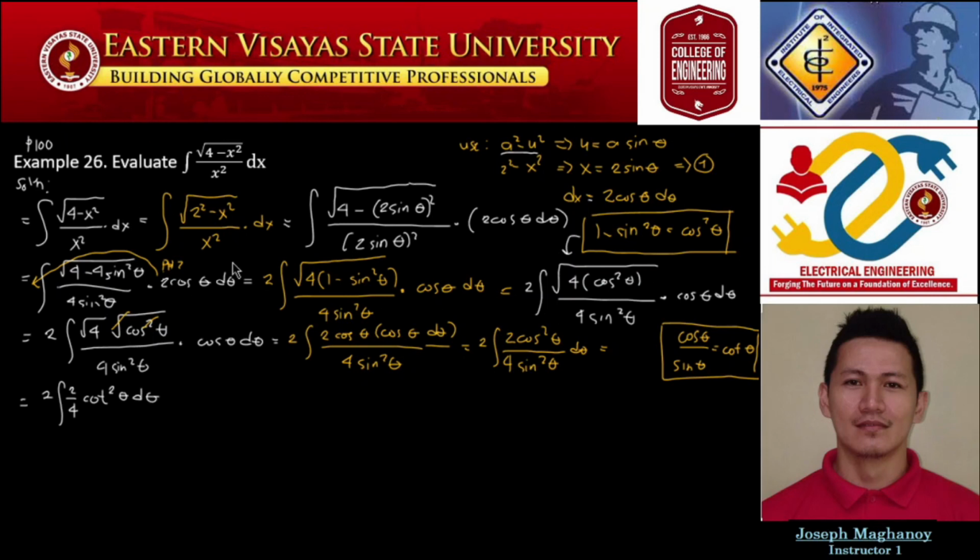And here we use another identity, that is cotangent squared theta is equal to cosecant squared theta minus 1. So we use this identity again. Okay, we rewrite and carry out that real number constant.